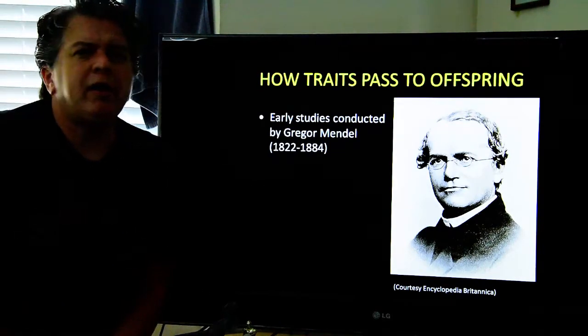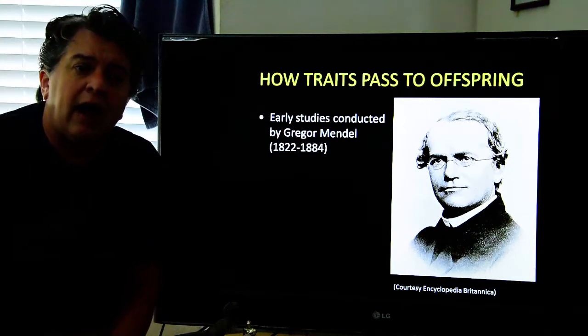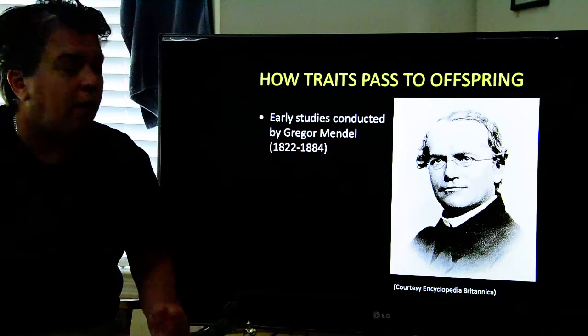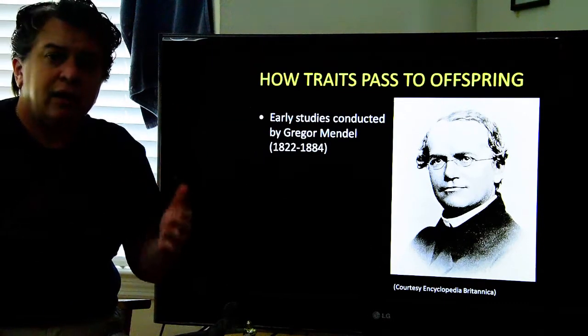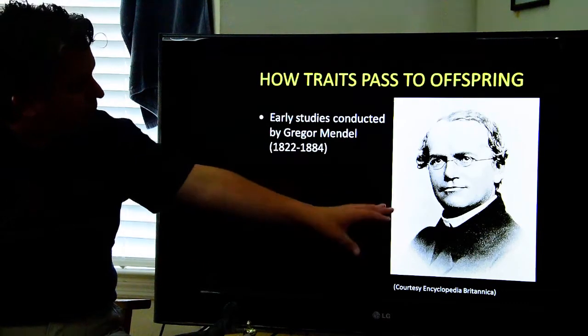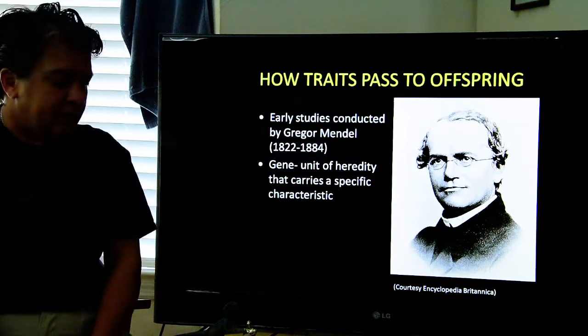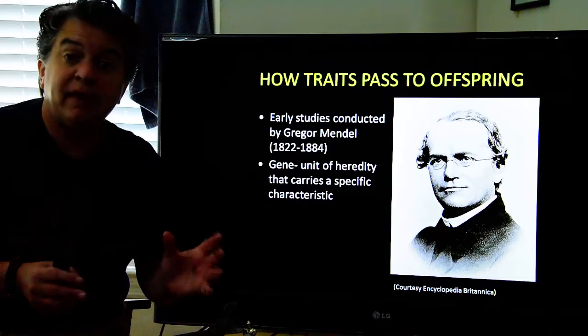So a little bit later we get to find out how those traits are passed from parent to offspring. Some of the early genetic studies were conducted by this priest here named Gregor Mendel. And he did a bunch of experiments with plants, especially pea plants.